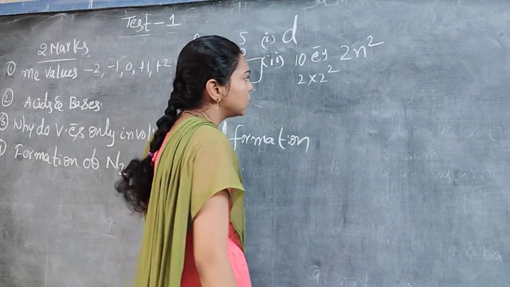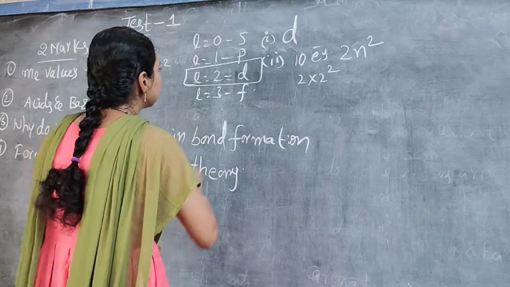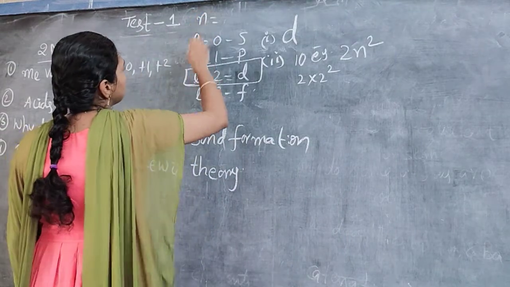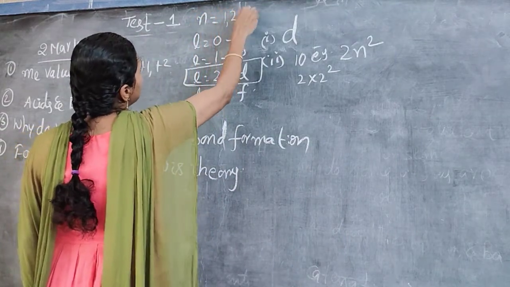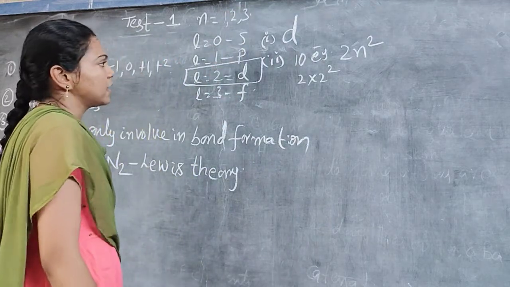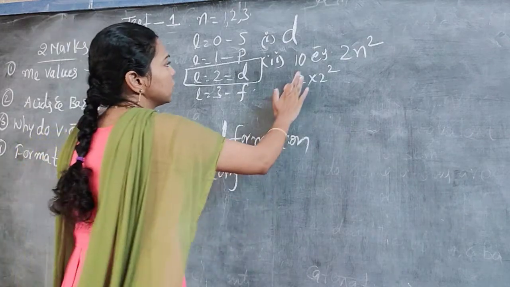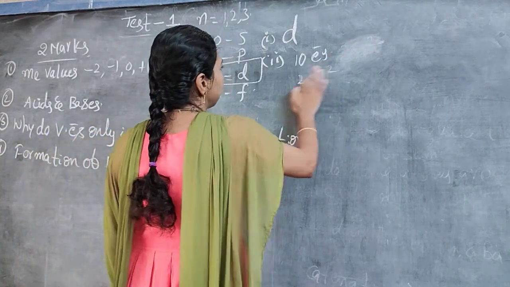If the n value for d, n values start from 1, 2, 3. Sorry, this is not the formula for the maximum capacity of electrons in the orbitals.